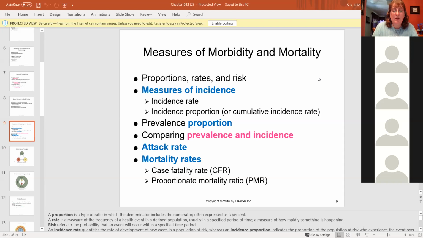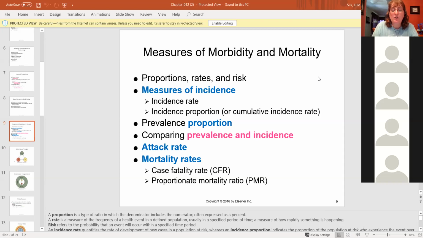Mortality rates are informative only for fatal diseases and do not provide direct information about either the level of existing disease in the population or the risk of contracting any particular disease. Many commonly used mortality rates are in fact proportions, not true rates.